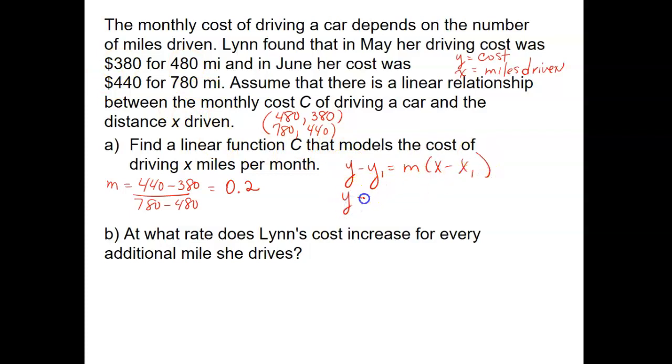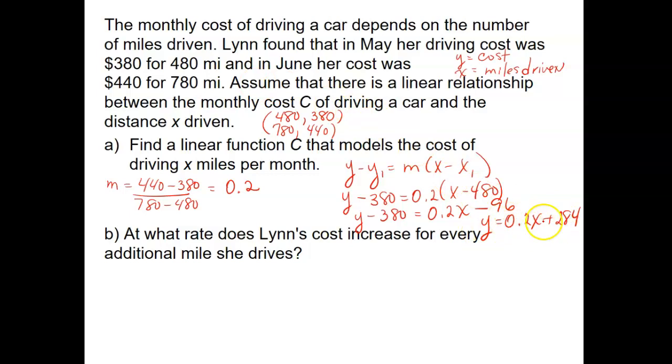So we'll have y minus, choose either of our points. So I'm just using the first one here. So I will simplify this. And then I'm going to move the 380 over with the negative 96. And I get 284.